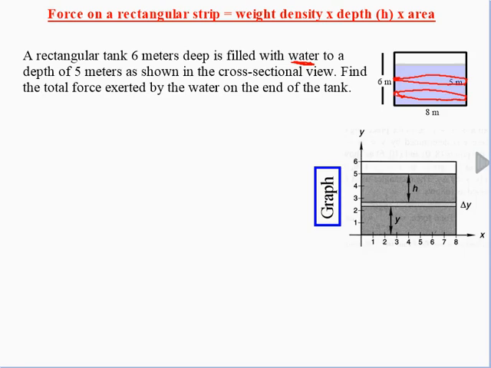So we're going to integrate, and we're in terms of y here, so our y values are from 0 to 5. We don't go as tall as the tank is. We go by how much liquid, how much fluid, is in there. Our weight density, which for water is 9,800, times the depth.